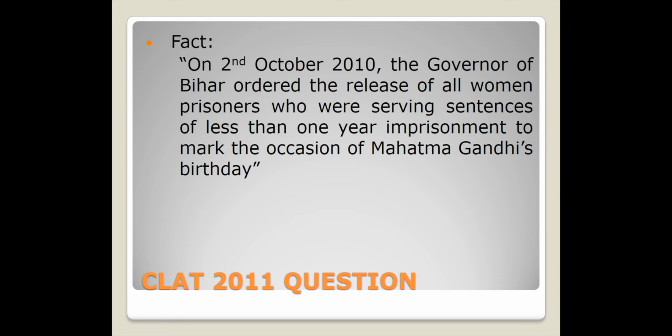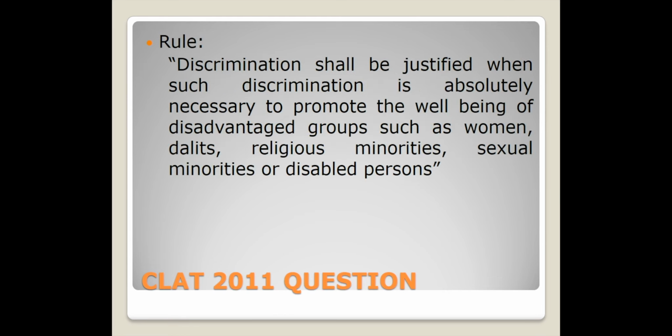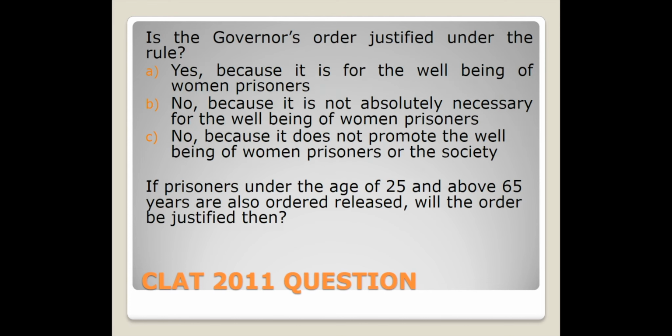Thus, we find that this particular action of the government falls within this rule, because this is a discrimination. This is a special provision being passed in favor of women. But the rule that we've been given allows for such special discrimination in favor of women, because they are seen as a disadvantaged group. So the answer will be A, yes, because it is for the well-being of the women prisoners.